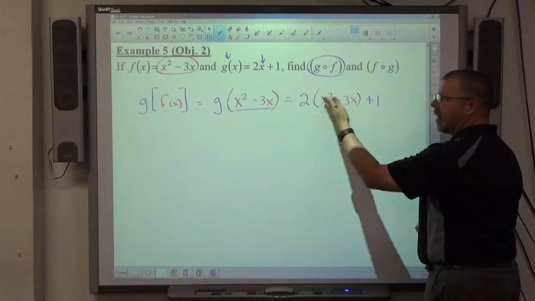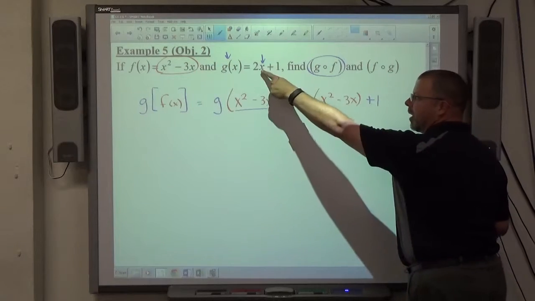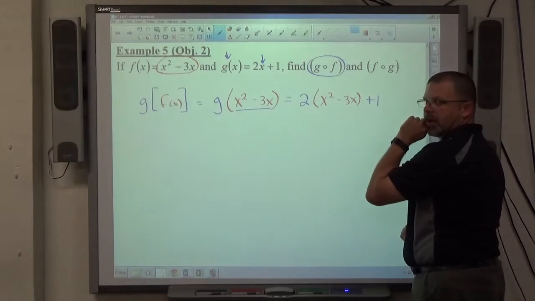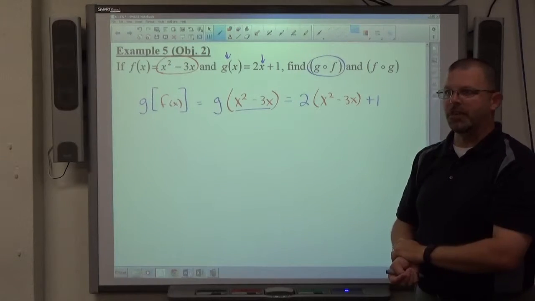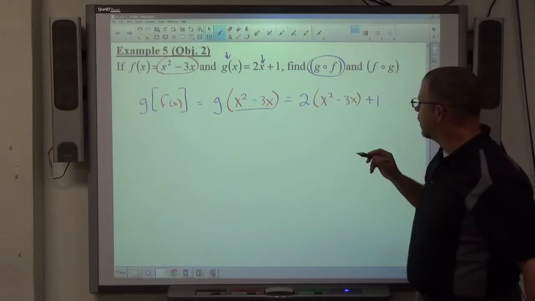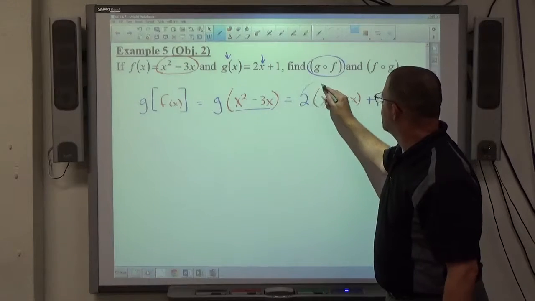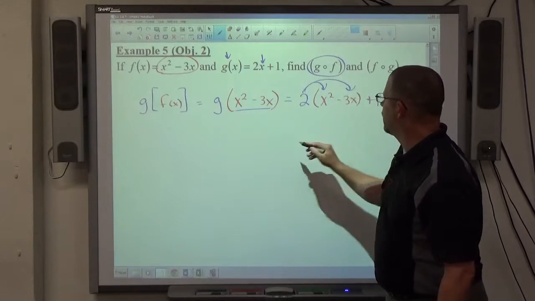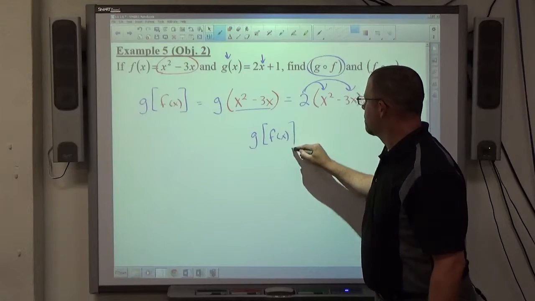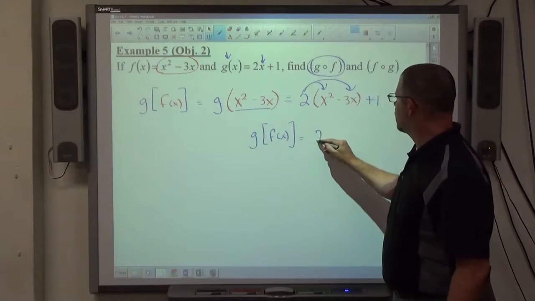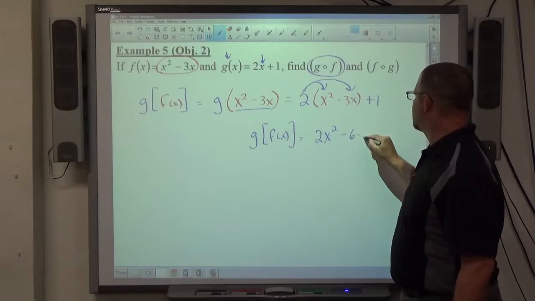Notice that's g of x exactly as it was up there, except x has been transformed into x squared minus 3x. So I'm composing function f onto function g. And then I got to simplify: 2 times this, plus 1. So g of f of x ends up equaling 2x squared minus 6x plus 1.